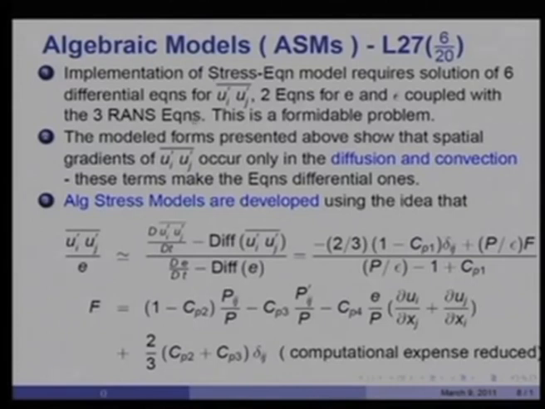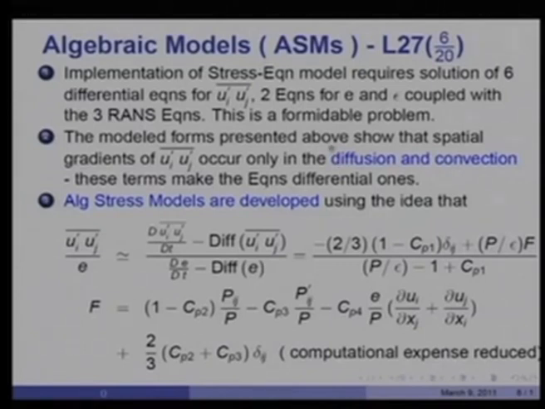And this makes it a fairly formidable problem, because 6 plus 2 for scalar equations, and then 3, that is 11 equations, and in a 3-dimensional flow this can be a really very formidable problem. The model forms presented above show that the spatial gradients of ui prime uj prime occur only in the diffusion and convection terms, and these terms make the equations differential. This is the observation we made earlier.